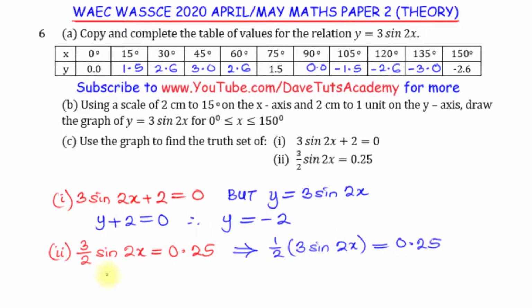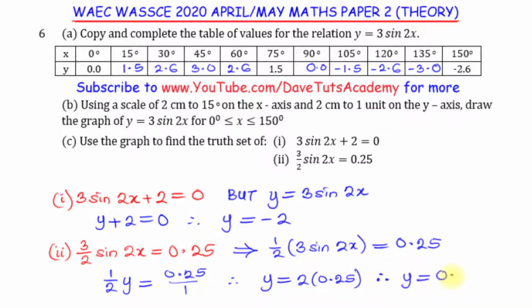So I can just write 1 over 2 multiplied by y is equal to 0.25, and I can say this is over 1. So if I cross multiply, that means y is equal to 2 multiplied by 0.25, and 2 multiplied by 0.25 is 0.5. So y is 0.50 here, and here we have y is minus 2.0.